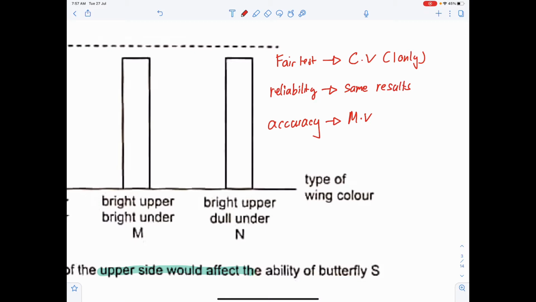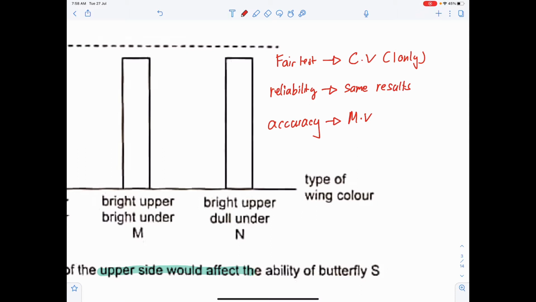Now, fair test is talking about in any experiment, you cannot have more than one change variable. The minute you have more than one change variable, it becomes wrong already. The experiment is unfair.